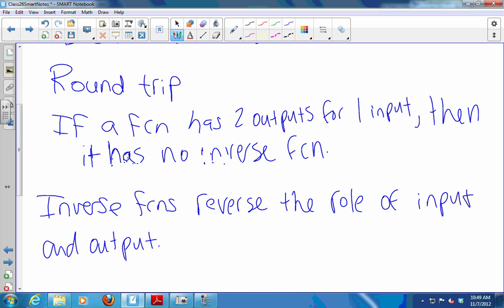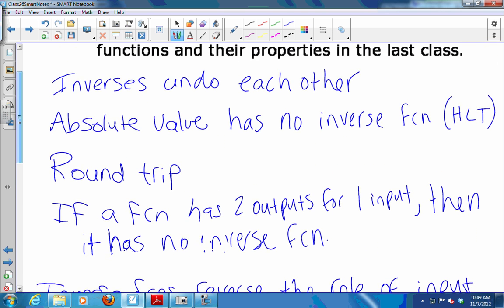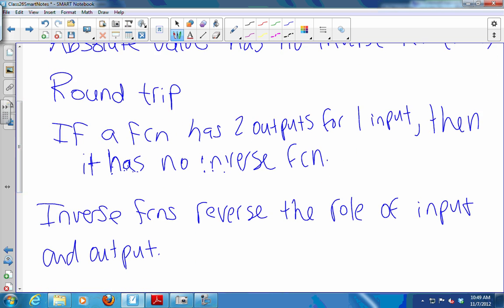Now, other words that we use for input and output are x and y, or independent variable and dependent variable. So an inverse function changes the roles. Inputs become outputs and outputs become inputs in the inverse function. All right, so now that we have a good review, this is a nice little summary of the things we talked about last class.